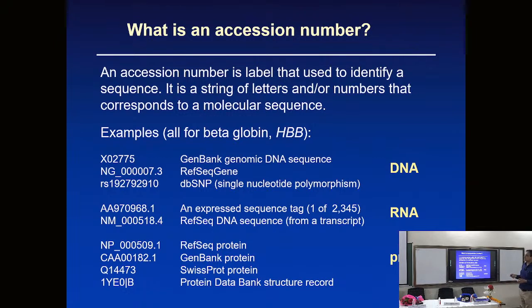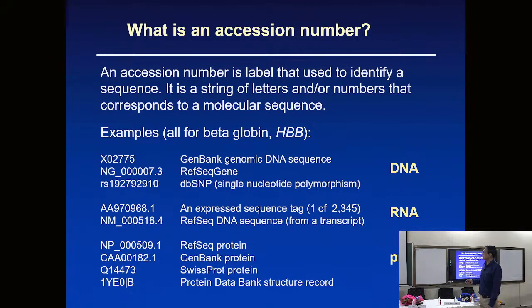Okay, so accession number is important because it helps you in accessing the data of your interest. Each of these biomolecules has been assigned a unique number in the database that uniquely identifies the biomolecule, and that is called an accession number.